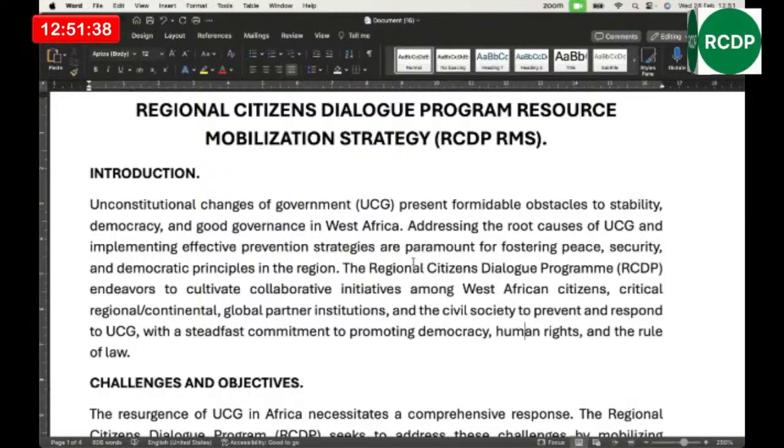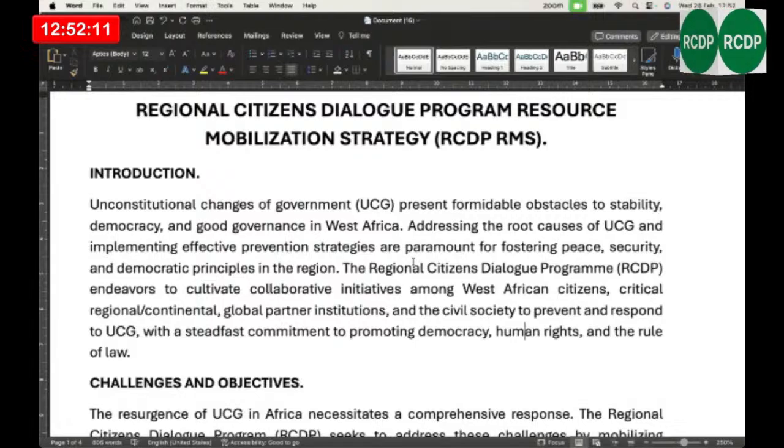We know that unconstitutional changes of government is now presenting a formidable obstacle to stability, democracy, and good governance in West Africa. Addressing these root causes of UCG and implementing effective prevention strategies are paramount for fostering peace, security, and democratic principles in the region.